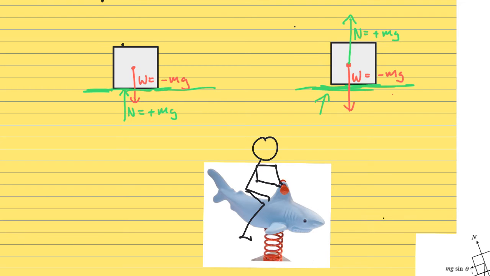So this person's force is acting downwards, right? They're causing downward compression of the spring, and the force of the spring is acting upwards until the two balance out and the person is not able to compress the spring anymore. So it's pretty easy to see how the spring exerts an upward force on the person, through the shark.